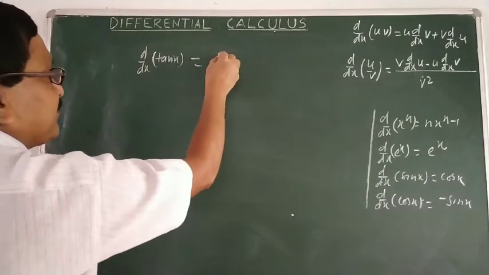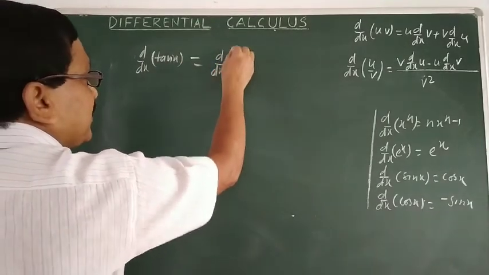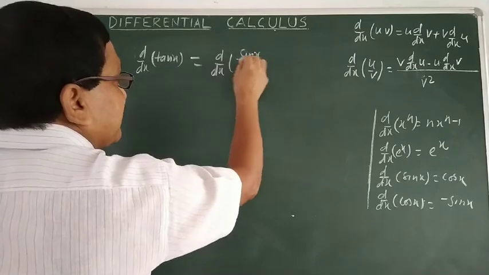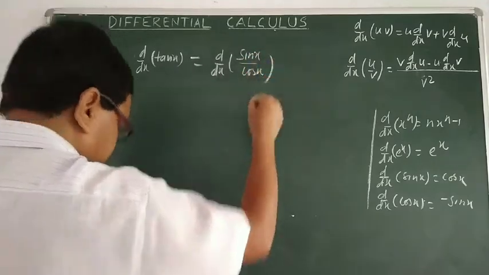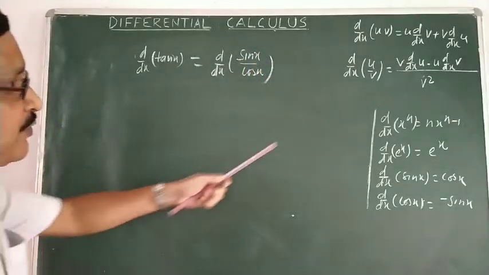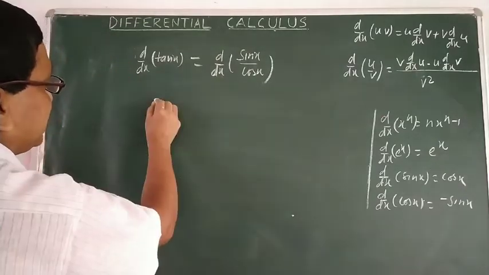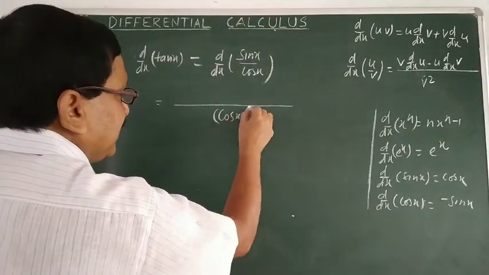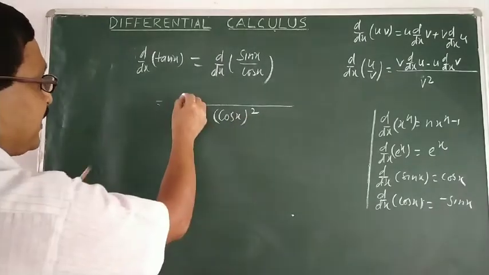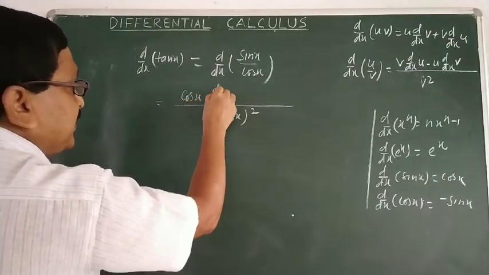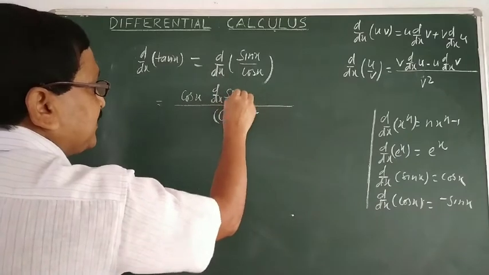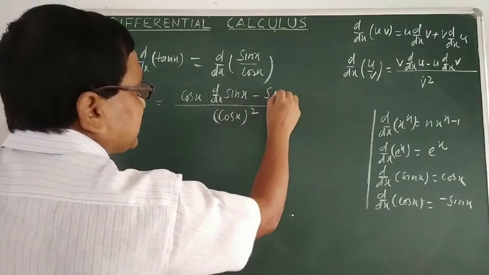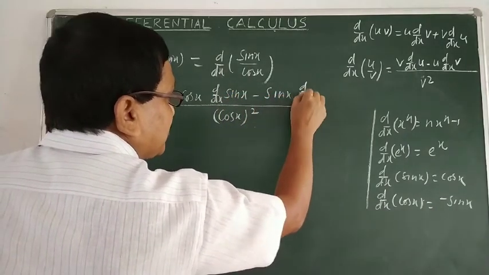By knowing this, we can write d by dx of sin x by cos x. Now again using this formula, this is equal to cos x whole square. The same will start with cos x d by dx of sin x minus sin x d by dx of cos x.